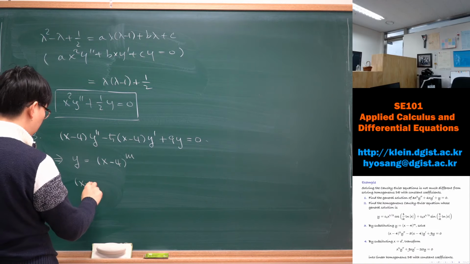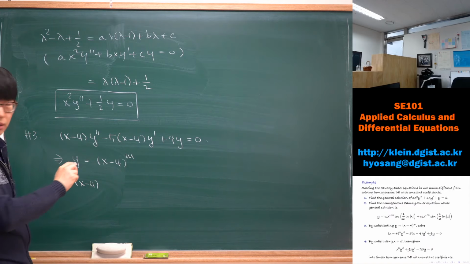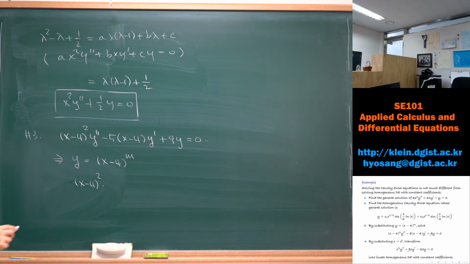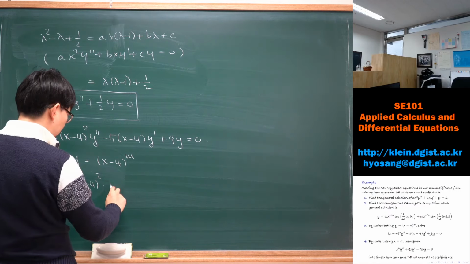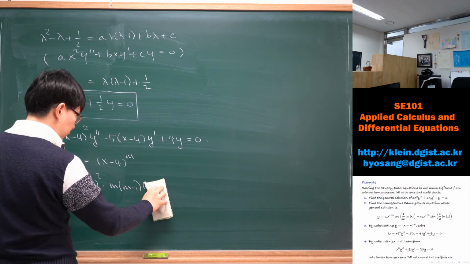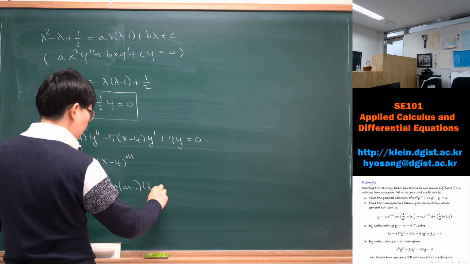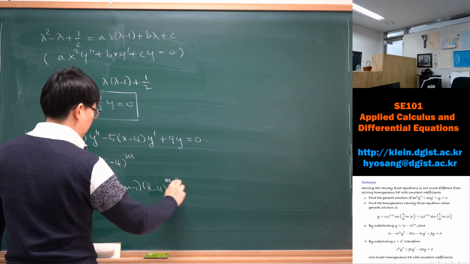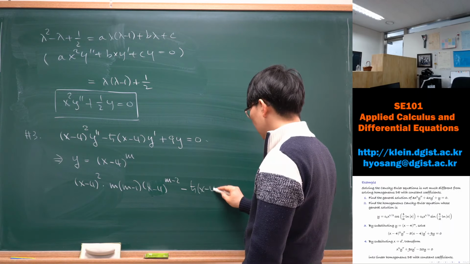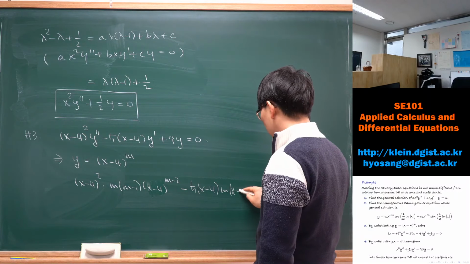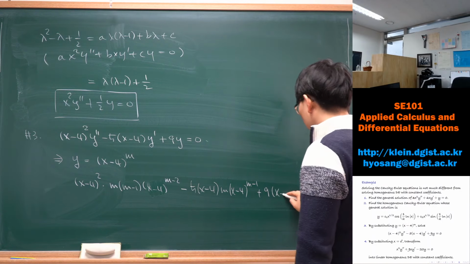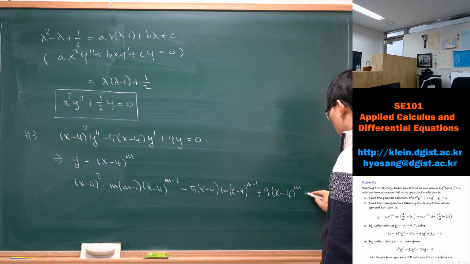We have x minus 4. Is it squared? Yeah, this is squared. m times m minus 1 times x minus 4 to the power of m minus 2, minus 5 times x minus 4 times m times x minus 4 to the power of m minus 1, plus 9 x minus 4 to the power of m equals 0.